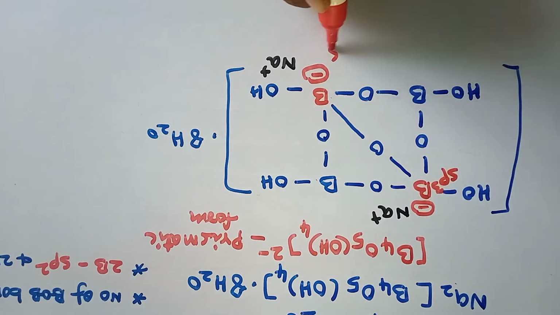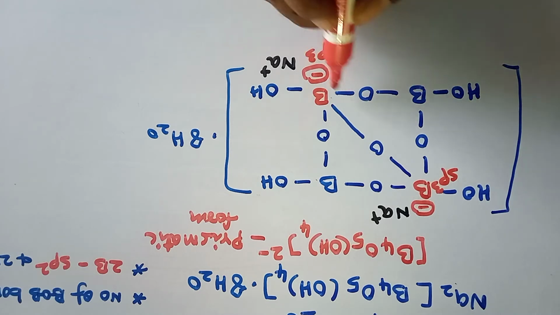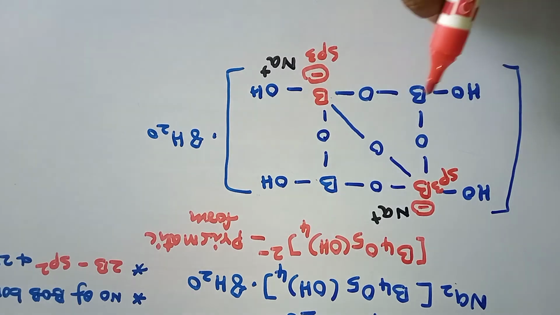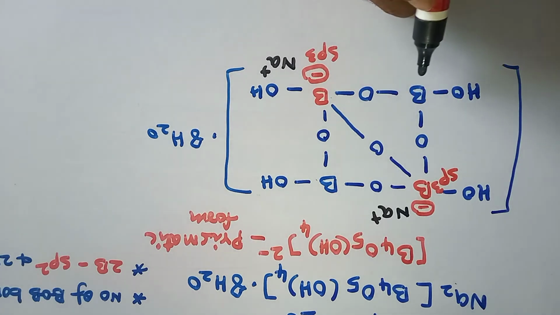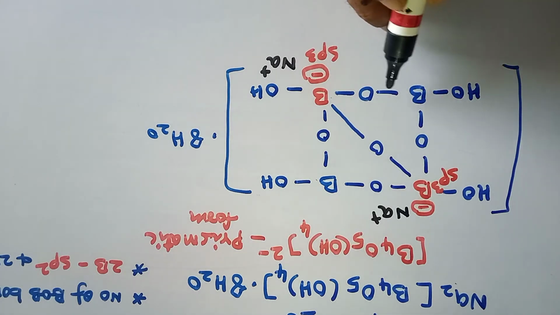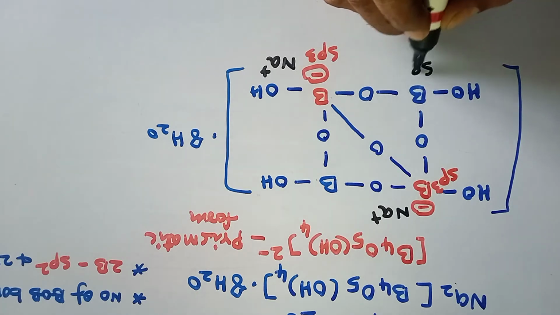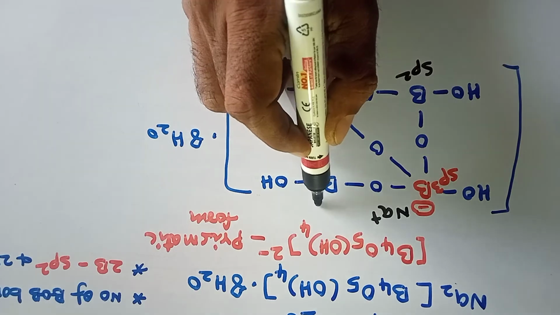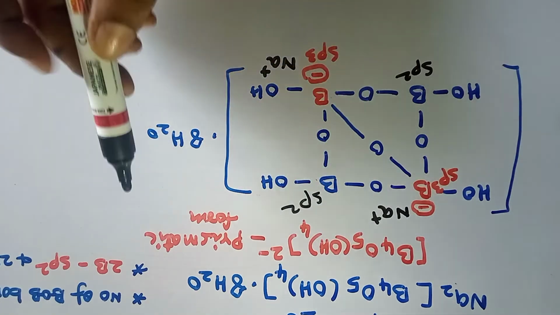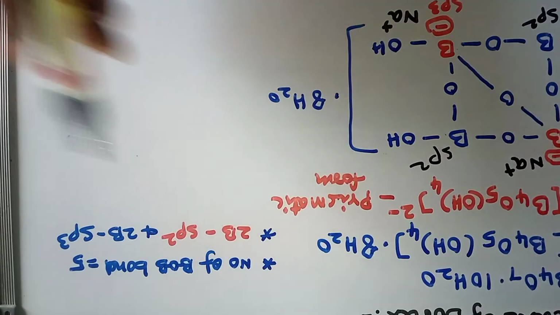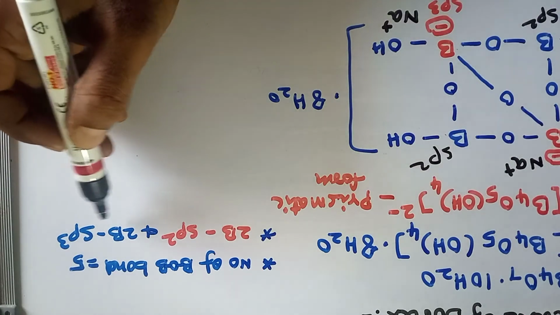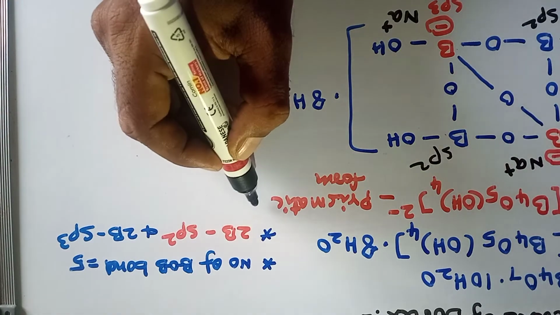This boron has 4 sigma bonds, so it is sp3 hybridized. This boron also has 4 sigma bonds, so it is sp3. This boron has 3 sigma bonds, so it is sp2 hybridized. So 2 borons are sp2 and 2 borons are sp3 hybridized.